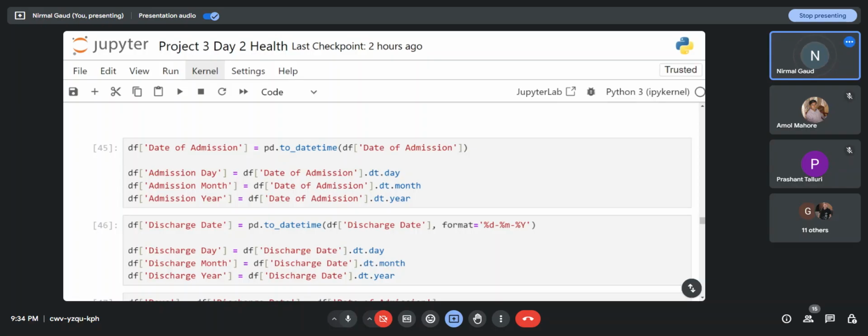Okay, and we are having here billing, we are having the room number, we are having the date of admission, we are having the date of discharge, all these factors available, including the biological factors like what is the treatment given, what is the disease, what is the other important terms related to the healthcare part in the data.